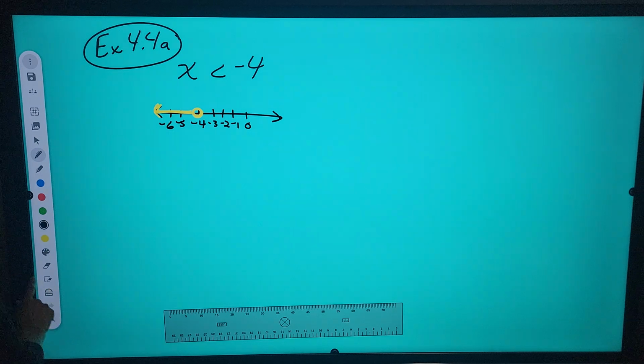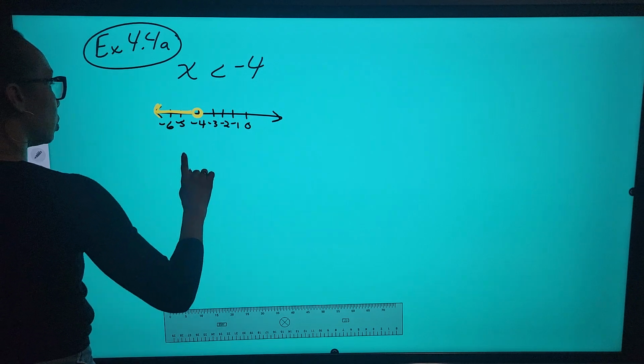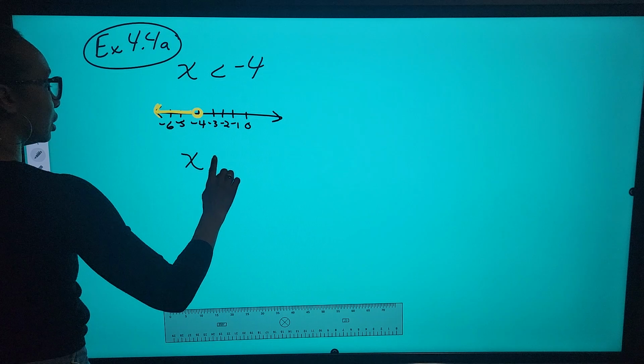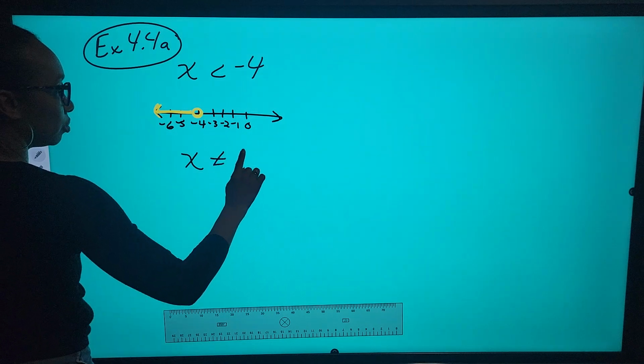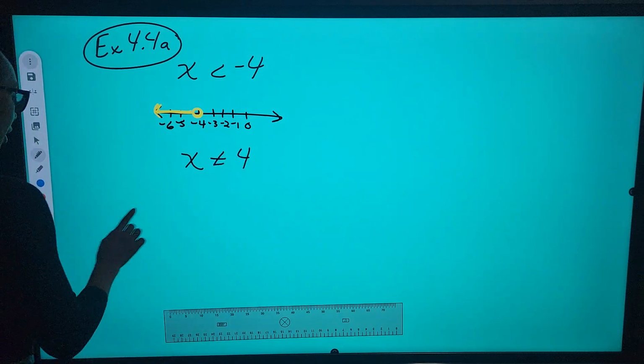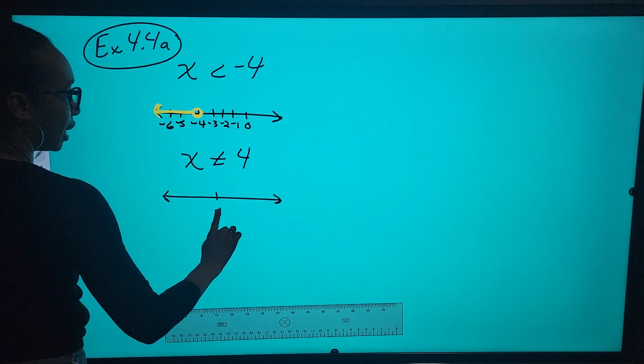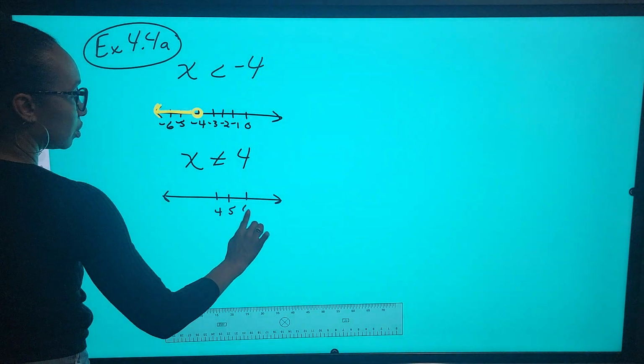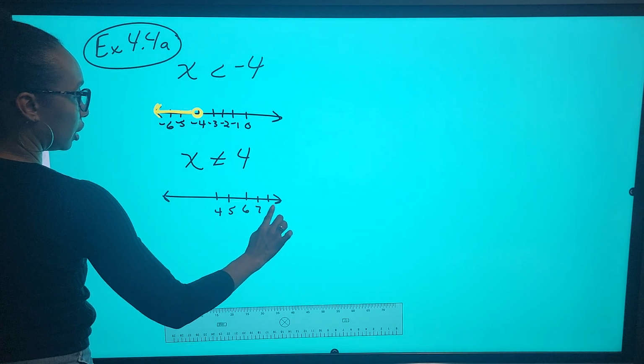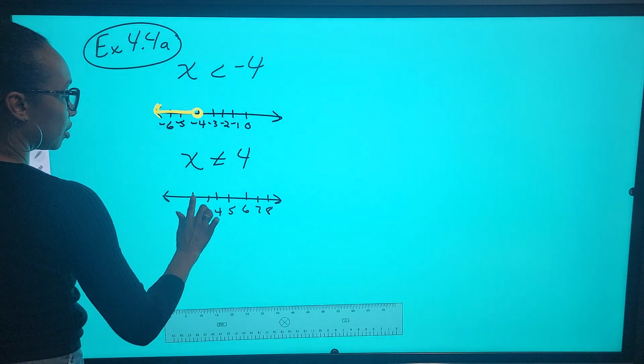And another example. Now this one's not the same example from here, but it is one that's like on the little chart on page 159. It says, what would you do if they gave you something like x is not equal to a certain number? Okay? What if they wanted us to show that x was not equal to 4? Again, I'm just filling in a few numbers before and after.